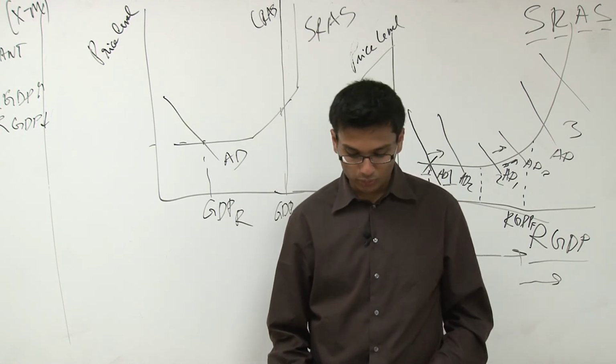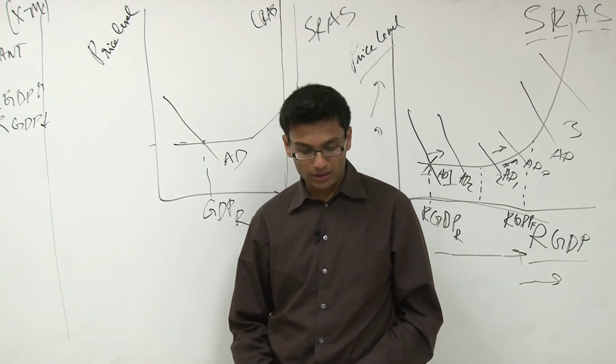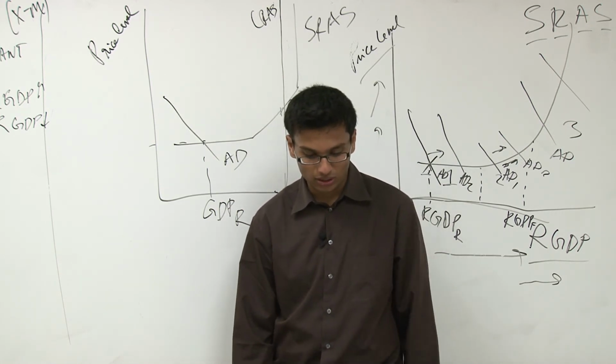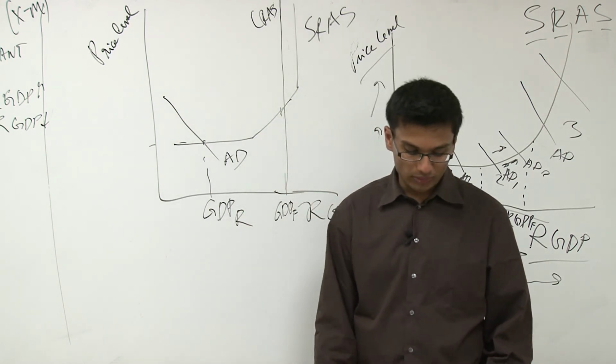But let me just recap real quick what are the things that we went over. All right, we talked about changes in AD. We talked about aggregate demand in a lot of detail. We talked about what happens when price levels go up and how we substitute.